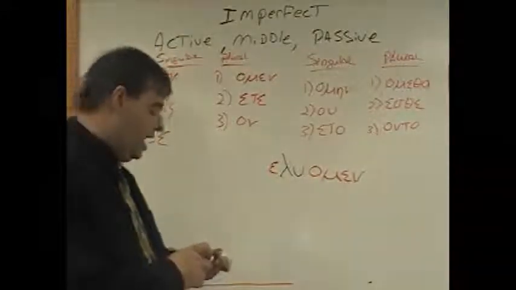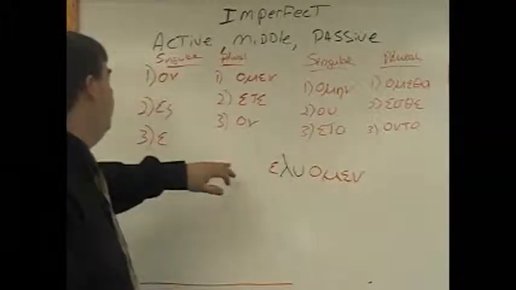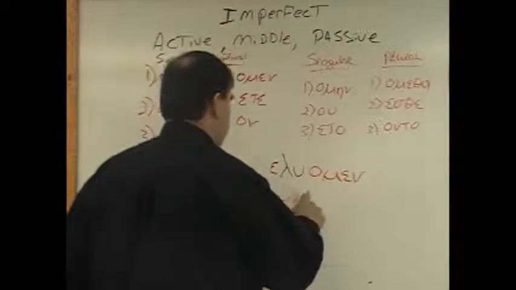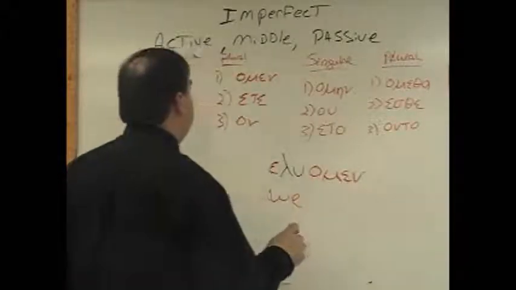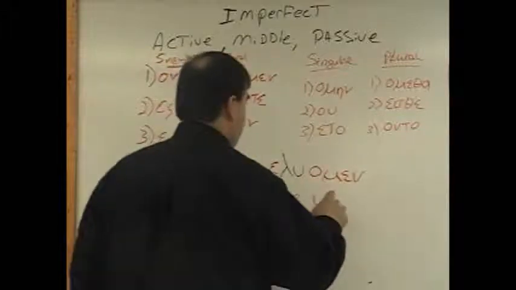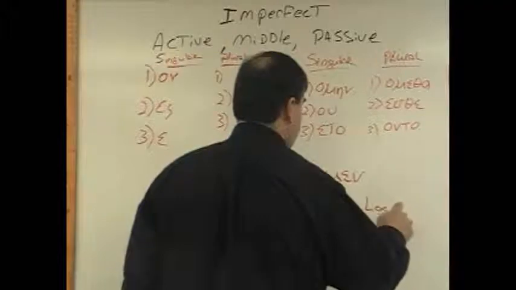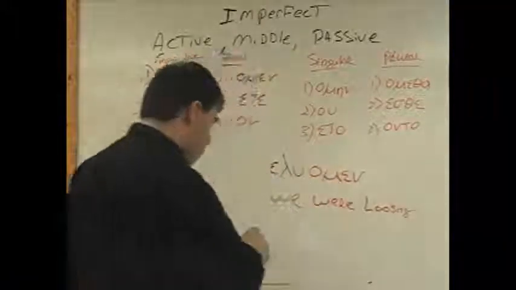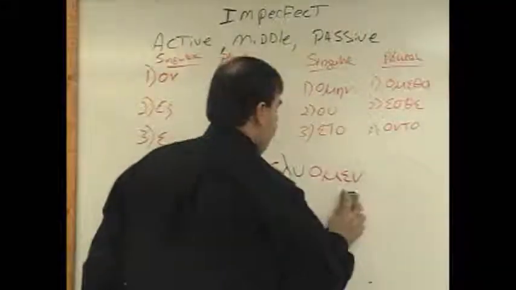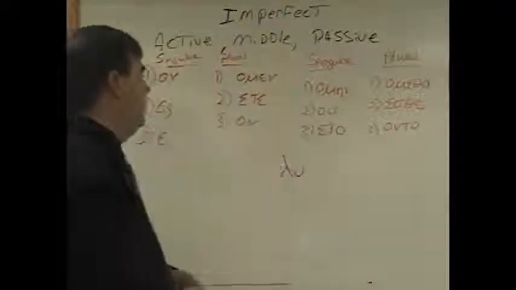And whenever we do that, we know that it is an imperfect, which would mean, in this case, it's active, is what we're working in. So it'd be, we were loosing.